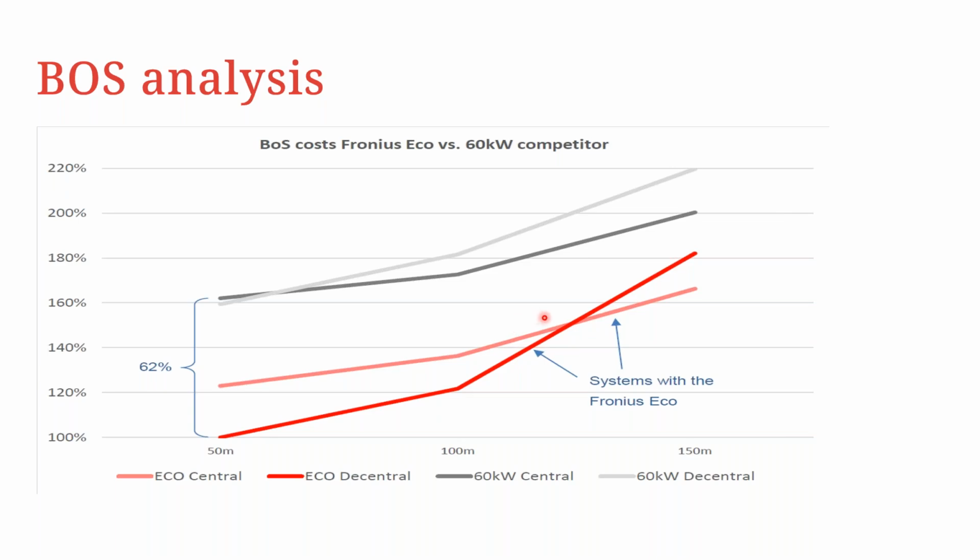And then one interesting aspect regarding the distances: you would realize that the moment you exceed 100 meters, depending on the distance of the PV array to the inverter, it becomes most cost effective to use the central design topology, as we can see with this topology as far as the Fronius Snap Inverter Eco is concerned.